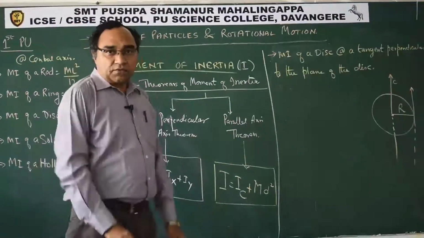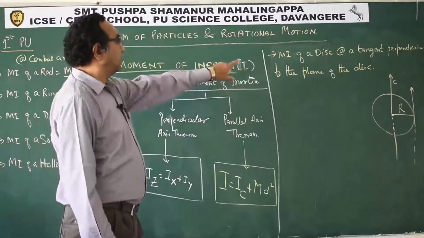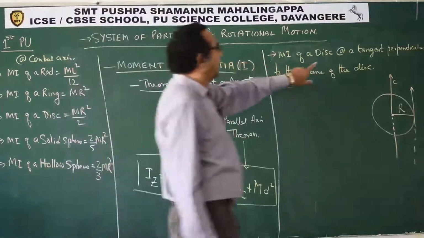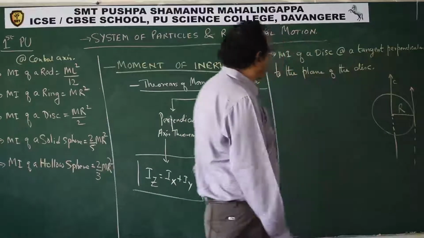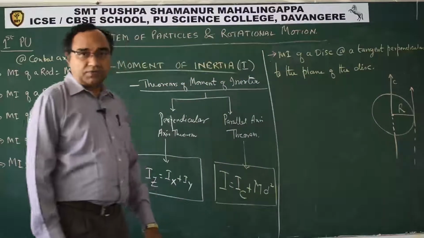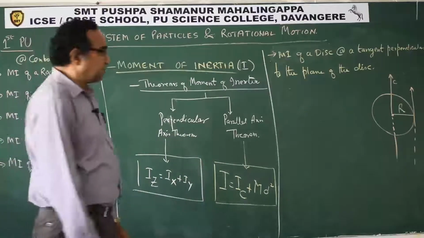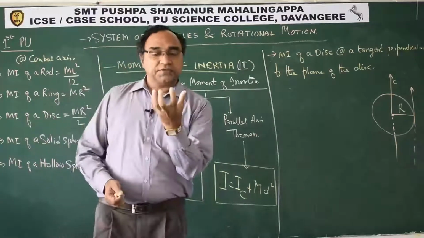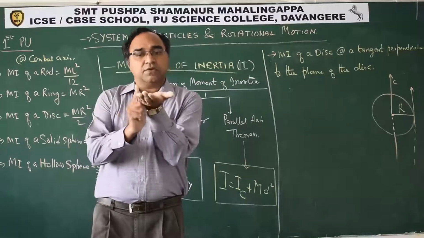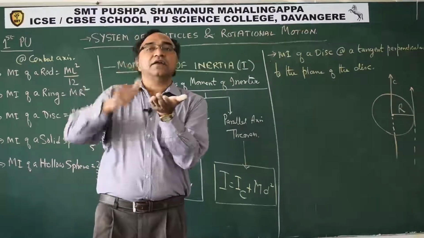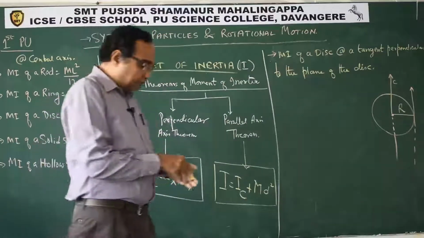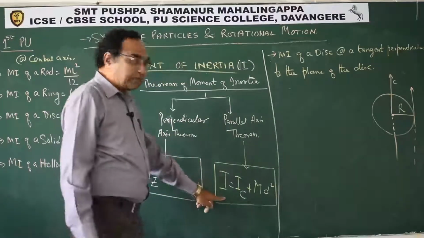Well students, now the other situation, moment of inertia of a disk about a tangent perpendicular to the plane of the disk. If it is perpendicular to the plane of the disk, a disk is there, and the axis is perpendicular to the plane like this, it means it is parallel to the central axis. Therefore we will use the parallel axis theorem.